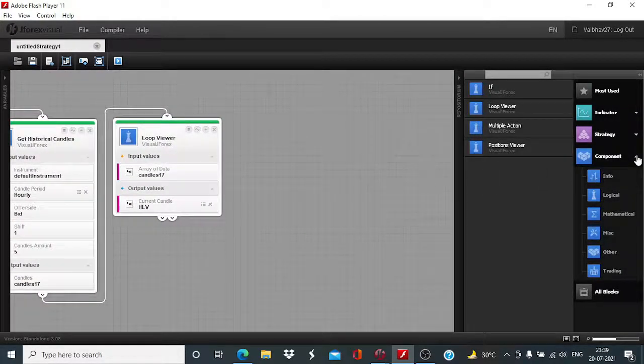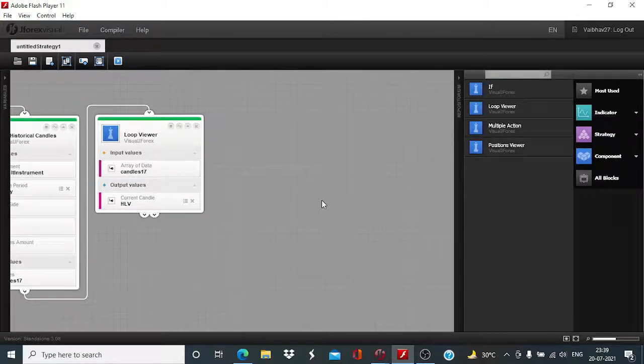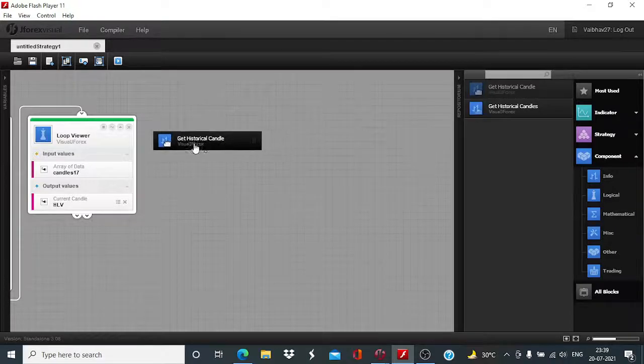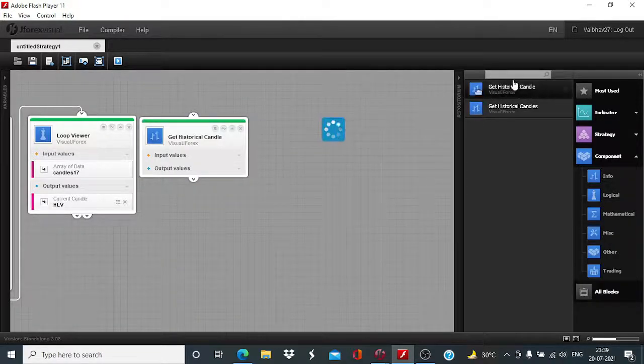And after this, to look at the price formation just prior to the execution, we will also be taking the help of 3 more get historical candles. First one of hourly time period and 2 more of 10 seconds each. So again we need the info components, 3 of these get historical candle.